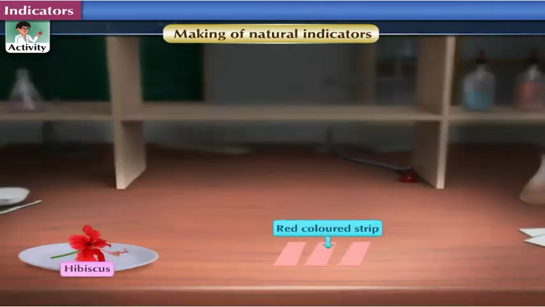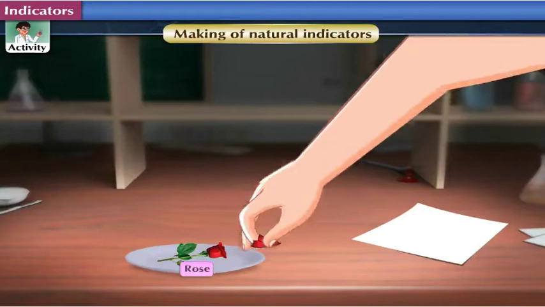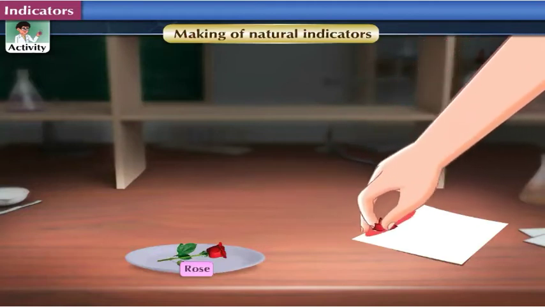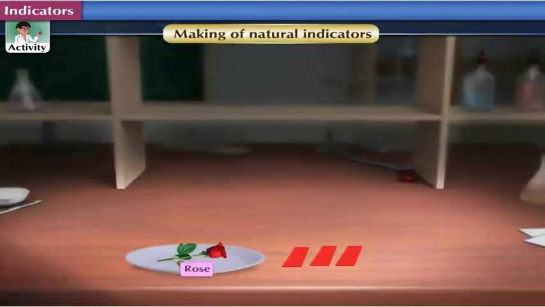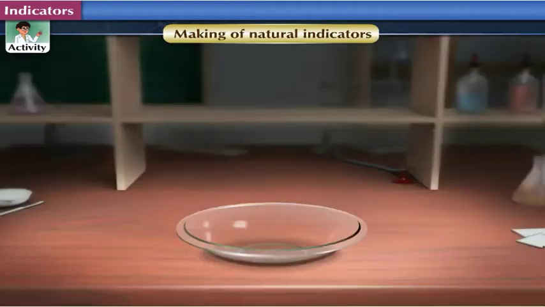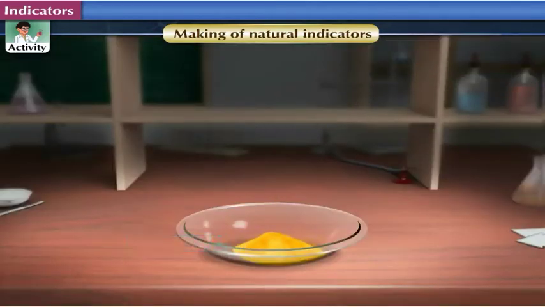Red-colored paper strip so obtained is a hibiscus indicator paper. Similarly, let us rub rose petals on the white filter paper and cut a strip of the white filter paper. This red-colored paper strip is a rose indicator paper. Next, let us take turmeric powder in a dish and add small quantity of water in it.